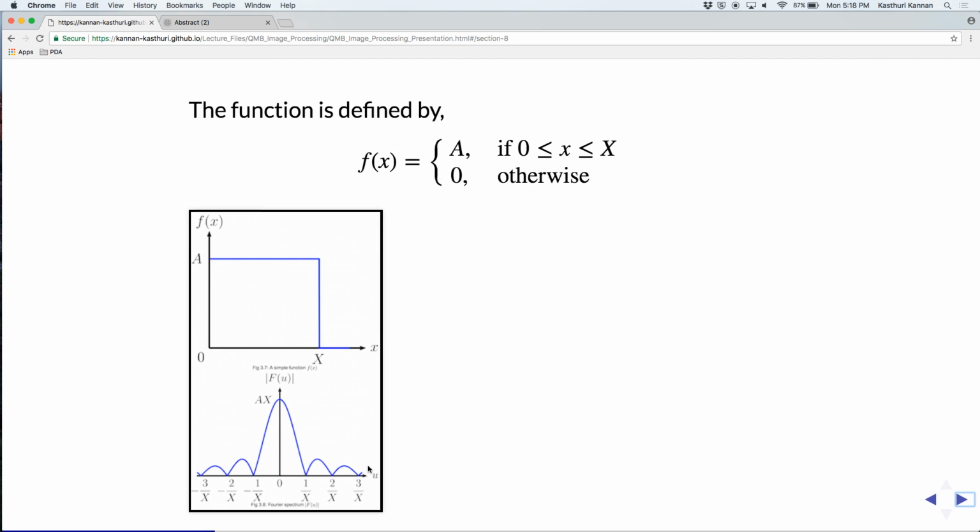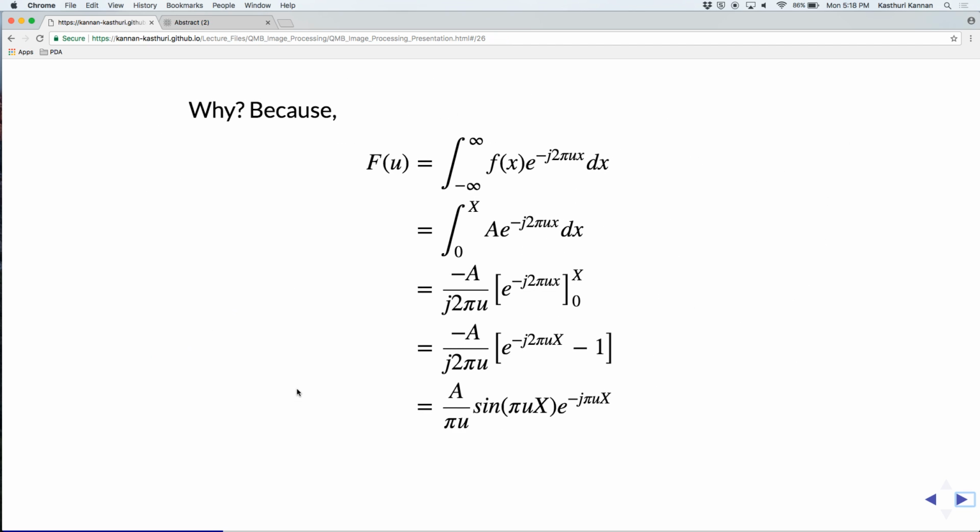So let's see an example of a function and its Fourier transform. A function is defined as A if it lies between 0 and X, and 0 otherwise, and the Fourier transform looks like this. This is the absolute value of the Fourier transform, the Fourier spectrum. Why is this? It's simple actually. You take the function and integrate it from negative infinity to infinity, e to the power minus 2 pi i u x.